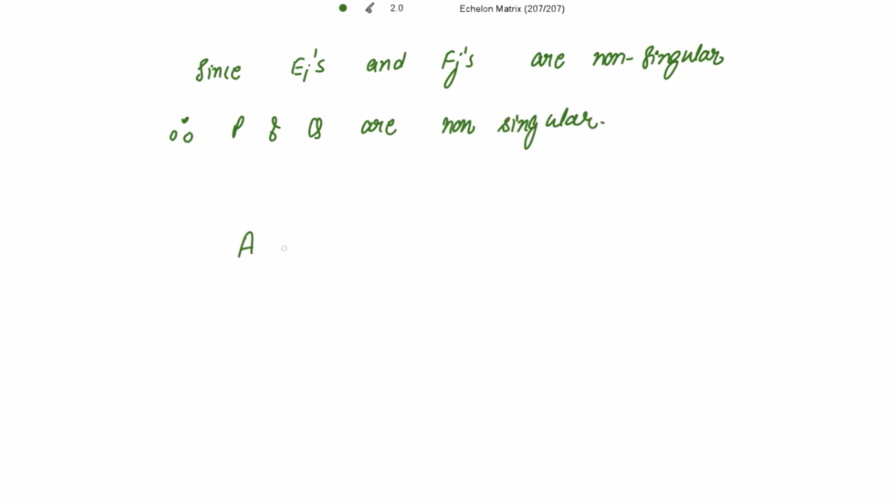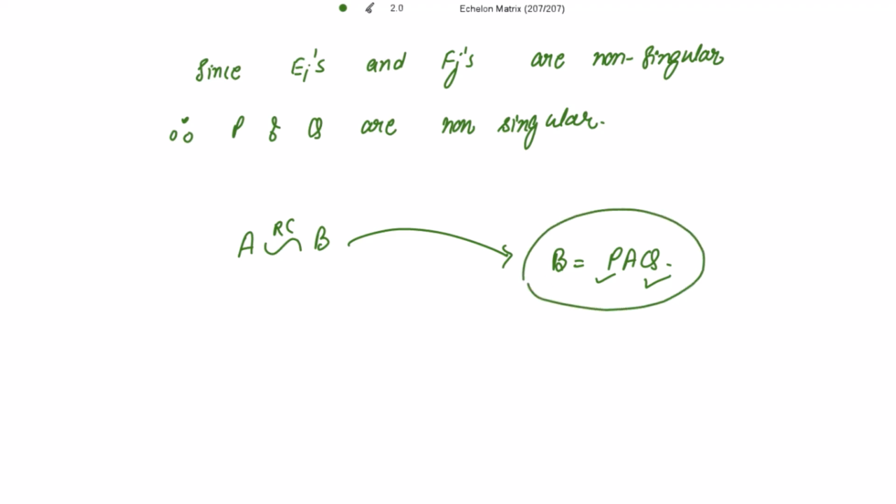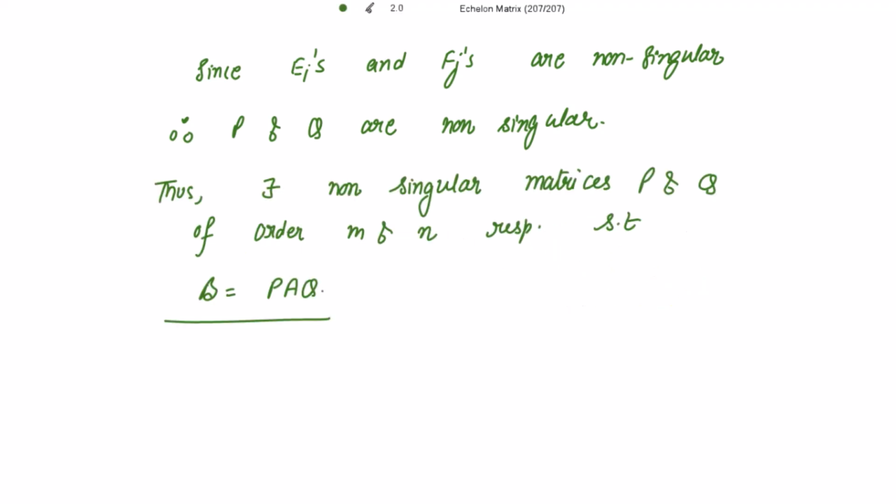So we have reached from here to here. Thus there exists a non-singular matrix P of order m and non-singular matrix Q of order n such that B is equal to PAQ, right? Proved? Okay.